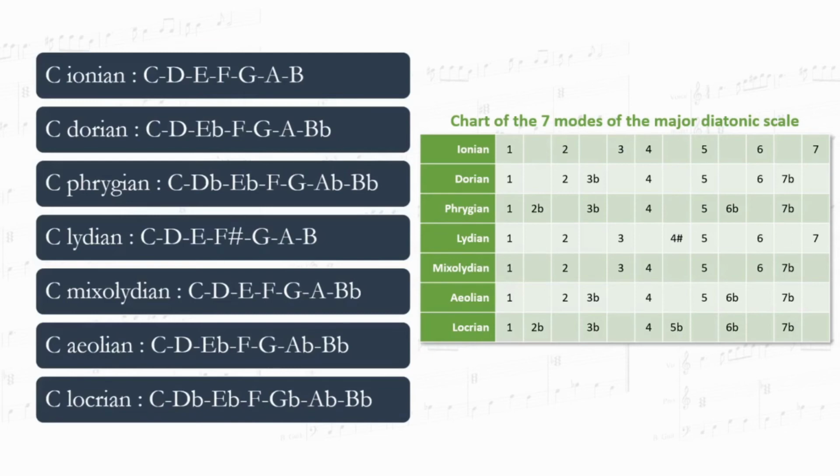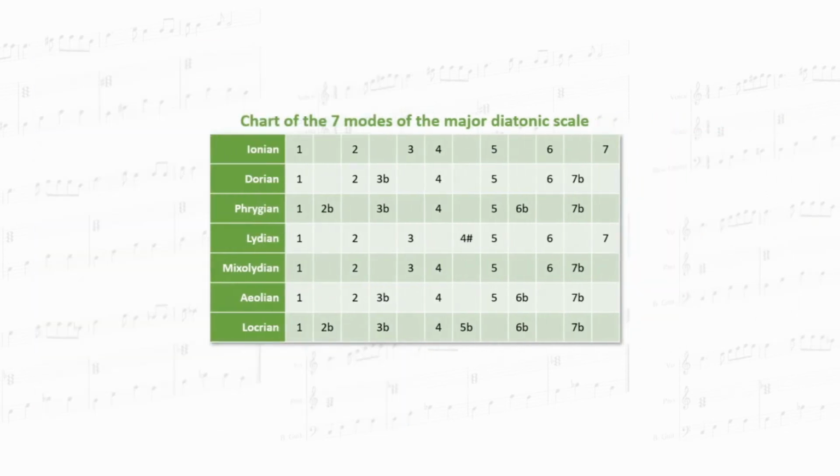But this chart shows the modes in the order they appear in the major scale, but I think there's a better way to order them. This next chart shows the modes so that every adjacent mode has only a single note different. Every mode has a single note lower than the mode on top of it. And also the bold note is the one changing.